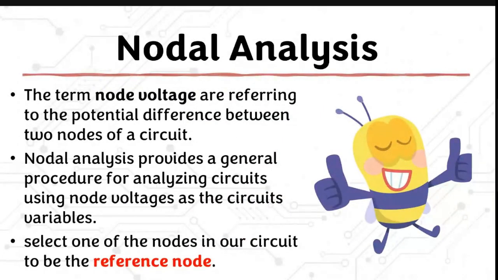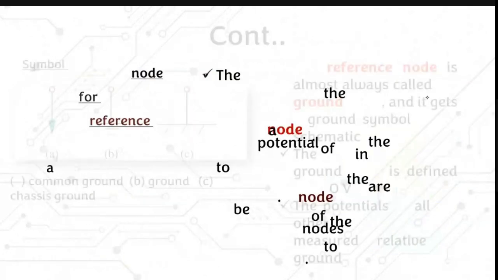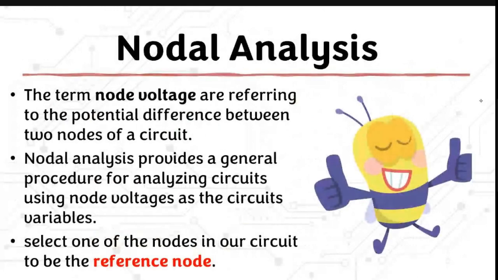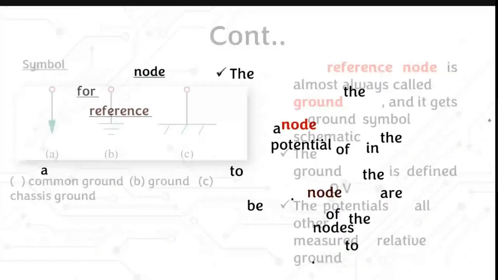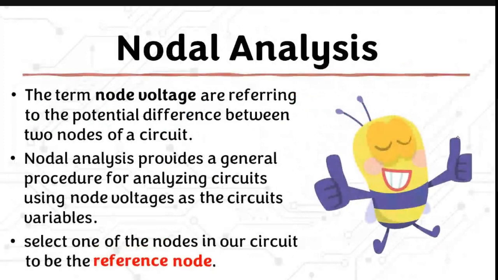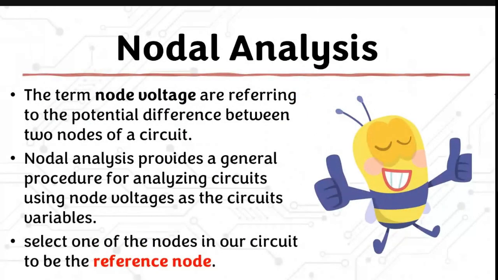For nodal analysis, the term node voltage refers to the potential difference between two nodes. Let's say this one is V1 and this one is V2, and here you have R1.